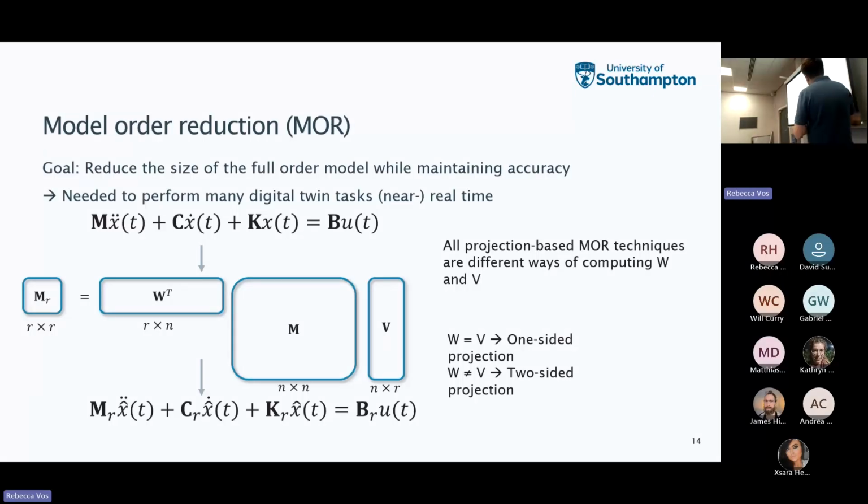For example, positive definiteness properties of this big matrix would be retained in the small matrix if you use this one-sided projection. But if you do the two-sided projection, then perhaps this is not the case. So that's one reason why you would choose that.